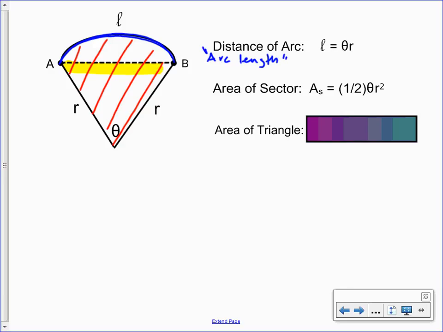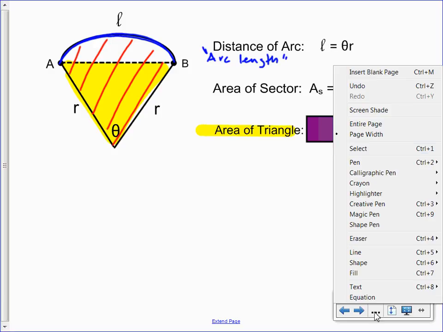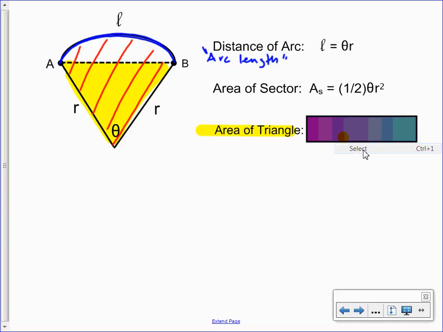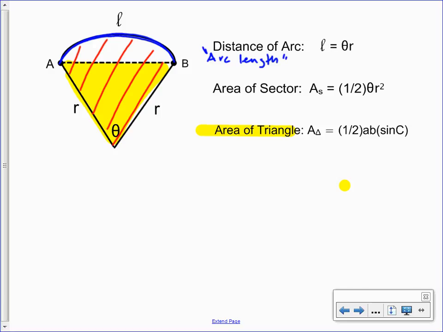And if you remember from geometry, or trig, the area of a triangle has a special formula. It's half base times height, but this time we don't know what the height is. We know what the angle is, though. So if you want to find the area of the triangle, that is 1/2 ab sine C. In other words, it's a side-angle-side problem where the angle is between two sides.